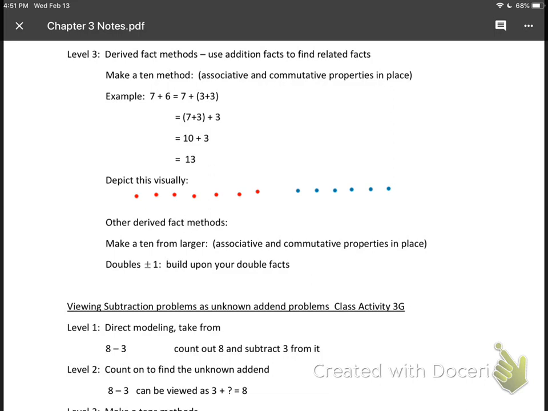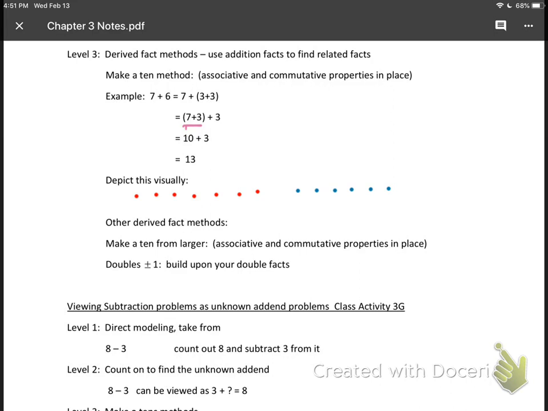Because you know the associative property, you can get to this level. Now you're going to associate 7 and 3. That gets you the 10, plus 3 more, you're at 13. You can depict this grouping by using boxes as well, boxes of 10. So I have 7 red dots and 6 blue dots.